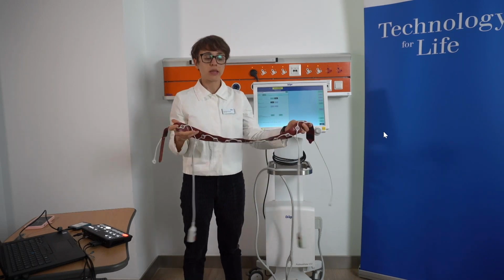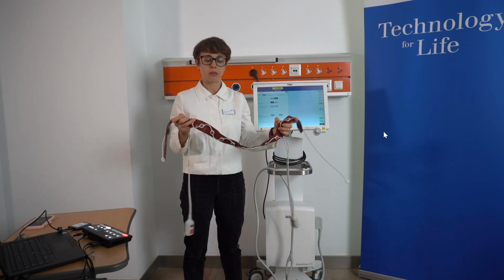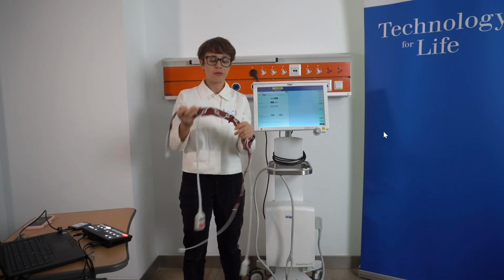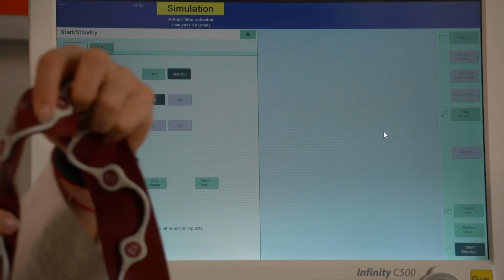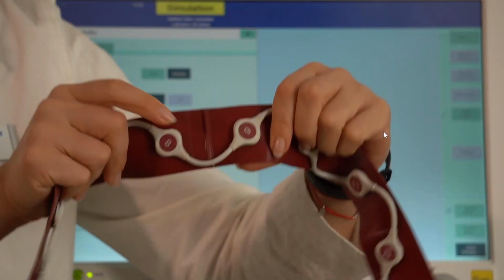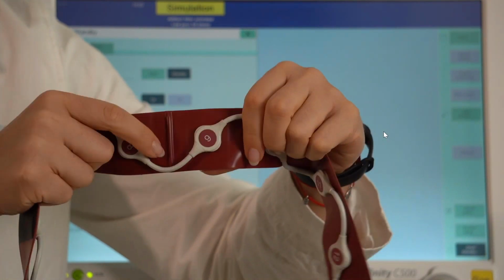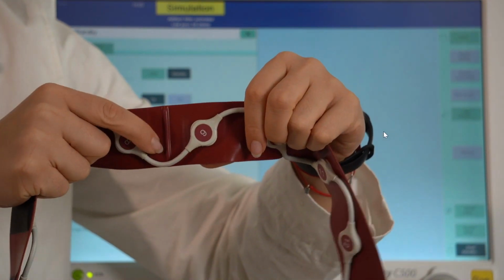So now, how do we position the belts? We have this midline that should go on the patient's spine.